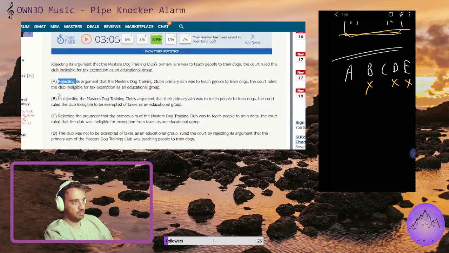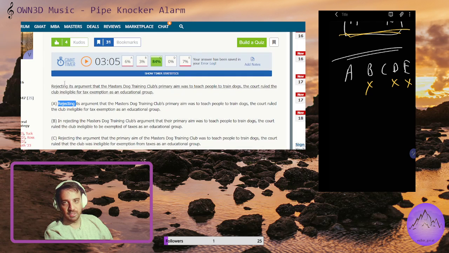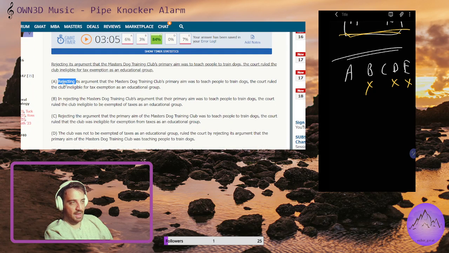Because what they're essentially saying is that immediately after the participle, we should have the noun of the subject, like whoever is doing the rejecting. And they're saying, well, there's Master's Dog Training Club here, there's dogs, there are these different nouns between the participle and the subject, which is the court being the one doing the ruling.